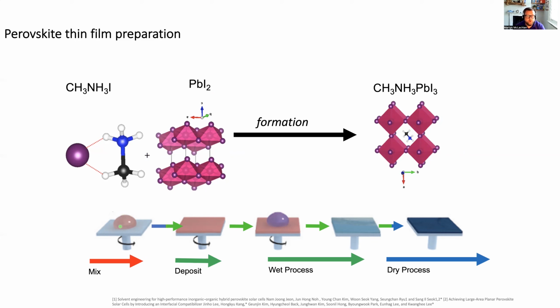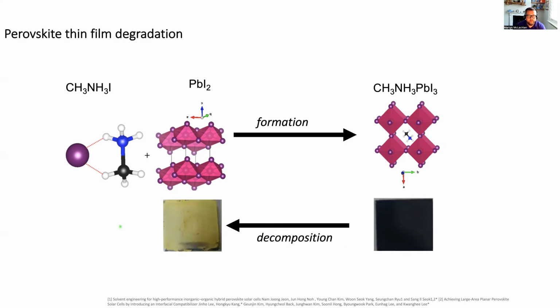We then deposit a film, here I'm showing via spin coating, and then we have 2 stages of processing that occur in the wet, the non-solidified, non-crystalline film, and in the film post deposition once the film has been completely dried. And what I want to do today is go through each of these and show a little bit of where we can get control and ultimately enhance performance.